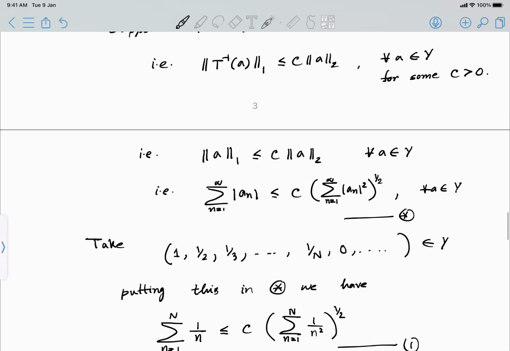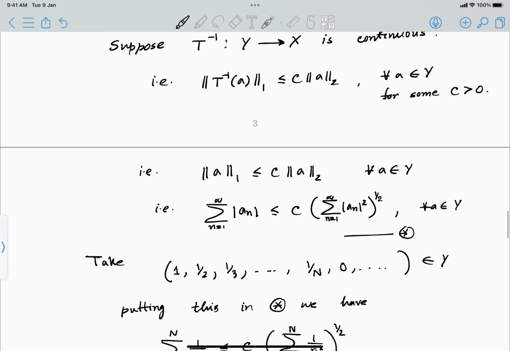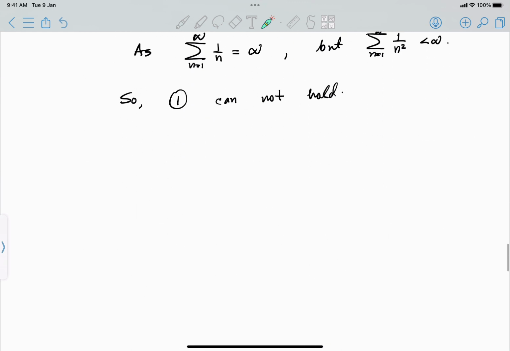So why do we get the contradiction? Because we assumed that T inverse is continuous, meaning such an inequality holds. Therefore T inverse is not continuous.